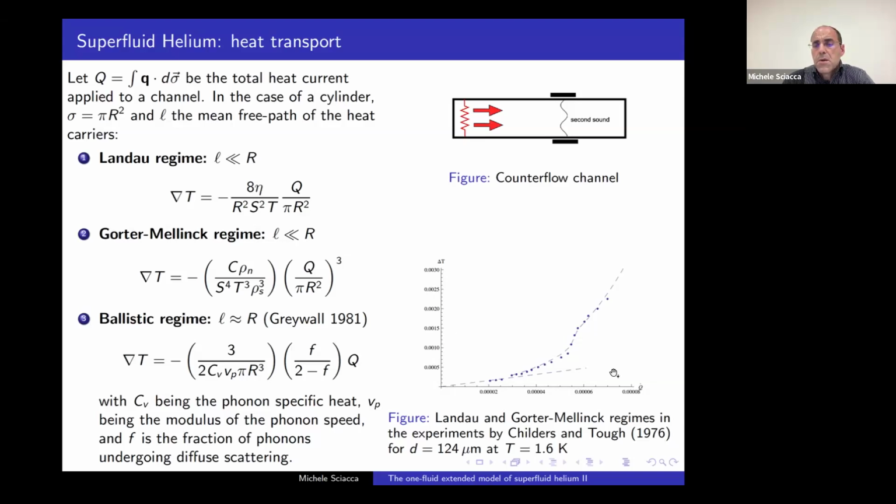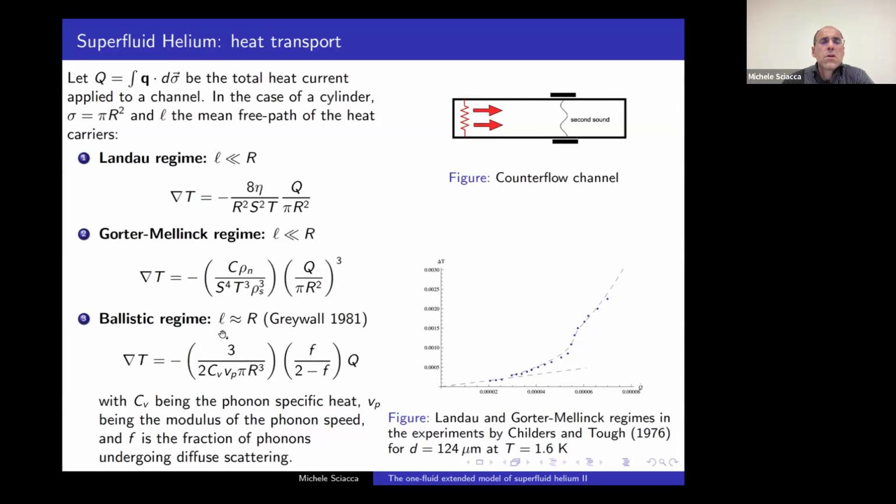As you see in this picture below, when the heat flux is higher than a critical value, the behavior changes from the so-called Landau regime to other regimes, where the gradient of T is proportional to Q cubed. Later it was discovered that this is due to the appearance of quantum turbulence.